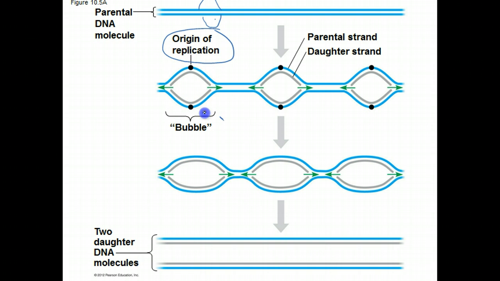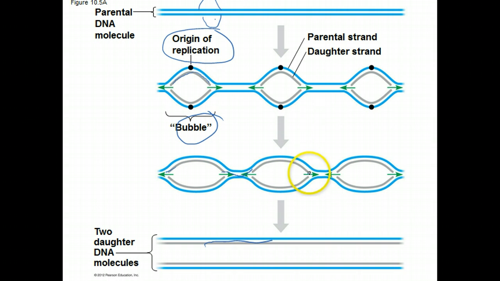This replication bubble will open up at the origin of replication, and basically what you're going to do is at this origin you're going to start to make newly synthesized daughter strands. So that's the gray shown right here. These strands basically proceed in either direction, making that bubble bigger and wider till eventually these strands are going to connect here and you'll get a single strand.